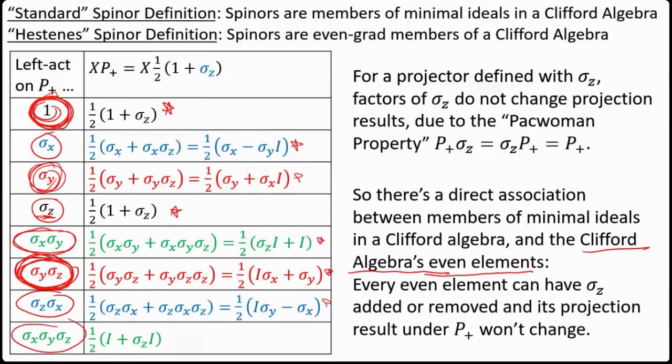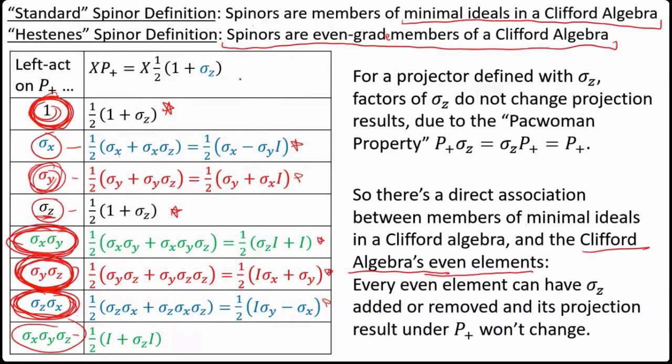But basically, in this 4-dimensional space, I can choose even dimensional elements to represent the projection results, because the odd dimensional elements I can always make even using an extra factor of sigma z. So when people say spinors are even grade members of Clifford algebras, the connection to this minimal ideal definition is that when you project even grade members, you get the full set of spinors.